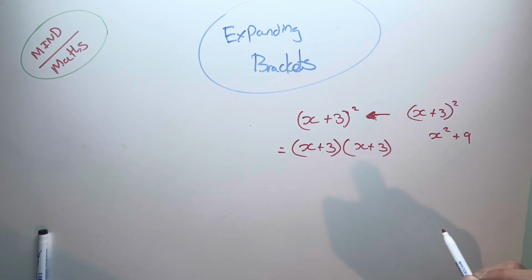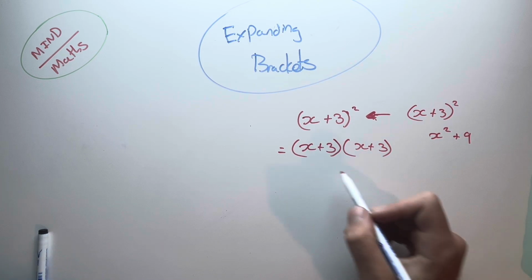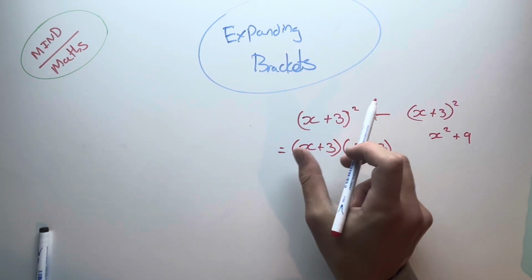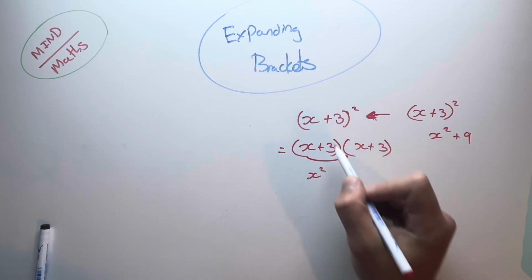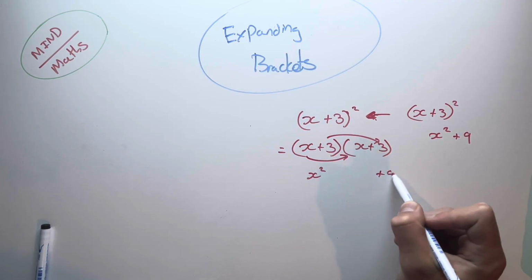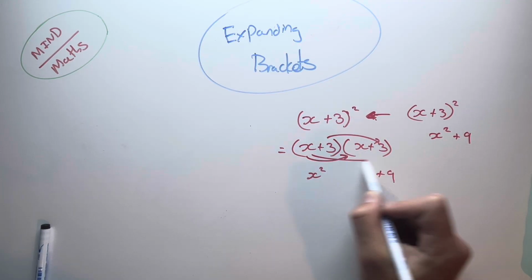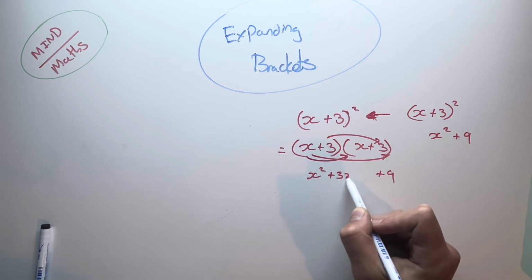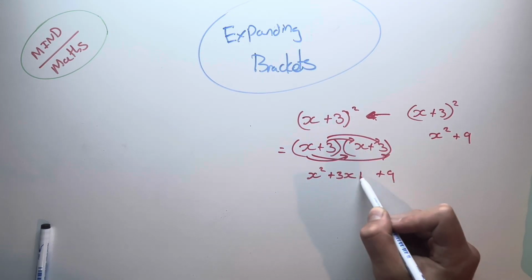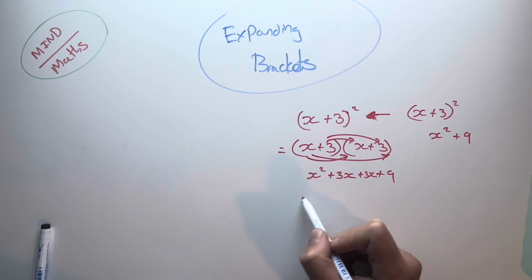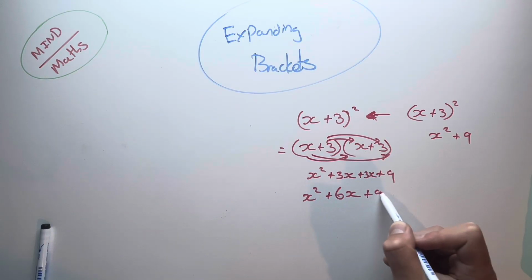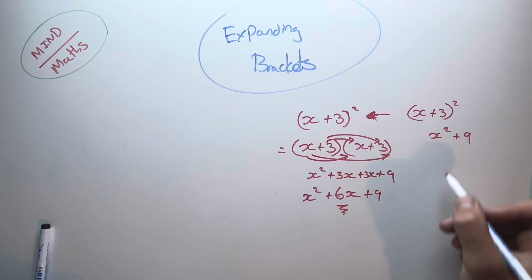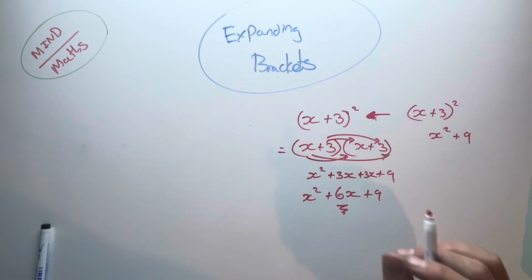But it's not x squared plus 9, because when you actually bring the two x plus 3's together, yes, there is an x squared, and yes, there is a 9, but there's also a 3x from there and a 3x from there, which puts together x squared plus 6x plus 9. So you would have missed out on this 6x, which would have been a completely wrong answer.